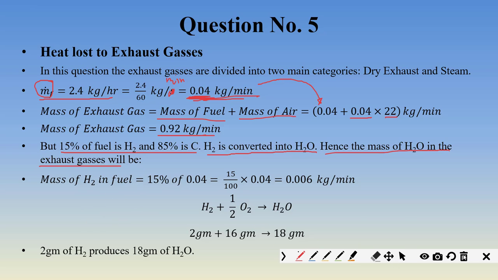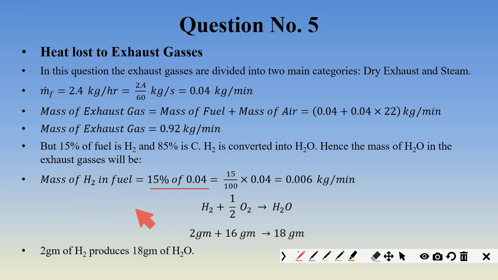What is the mass of H2 inside the fuel? It is 15% of 0.04, right? 0.04 is the mass flow rate of fuel. Out of that, 15% is hydrogen. So multiplying it by 15 upon 100, that is 0.006 kg per minute, right?